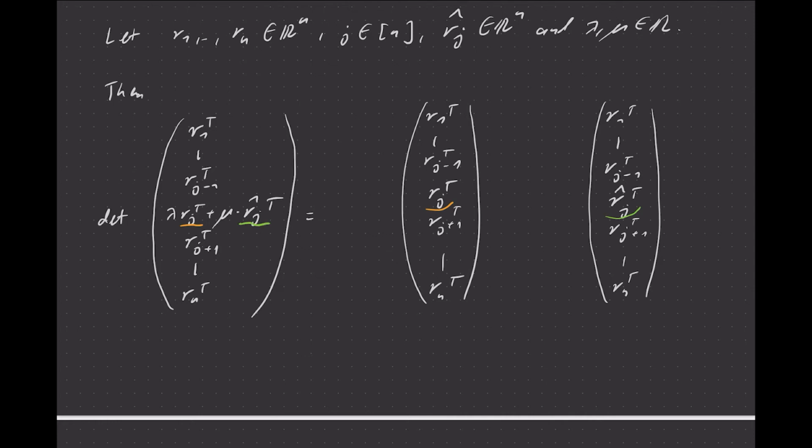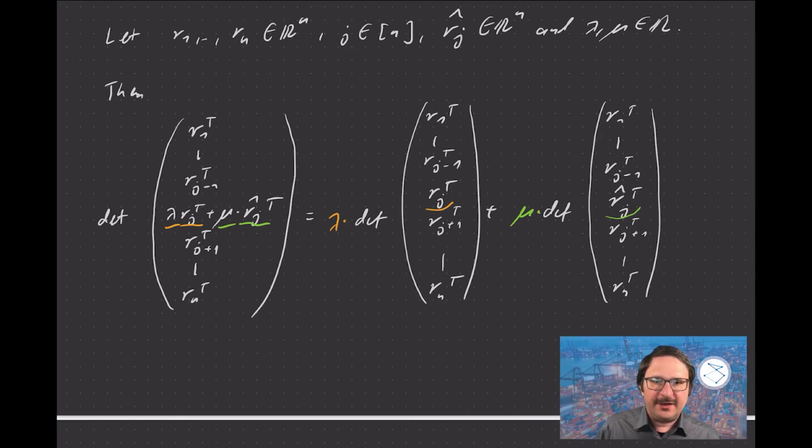And what this theorem now says is, the determinant of that first matrix is equal to basically the same linear combination of the determinants of those two matrices. So we compute the determinants of those two, and we take the corresponding linear combination.